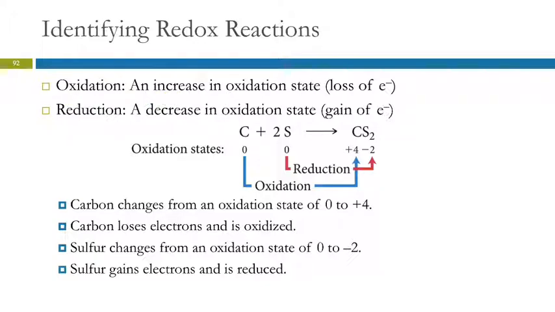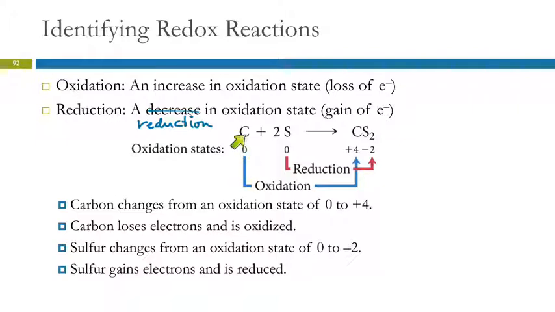Because you lose a negative electron, your oxidation state and your charge becomes more positive. Reduction is a decrease in oxidation state. If the oxidation state goes down, towards the negative, you have a reduction.